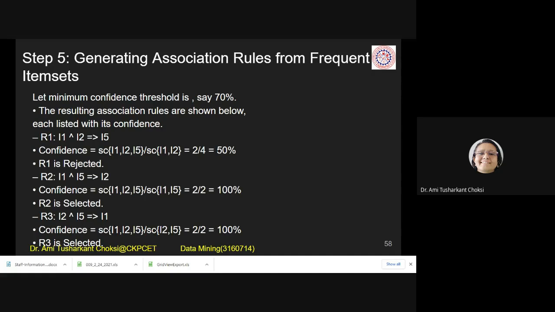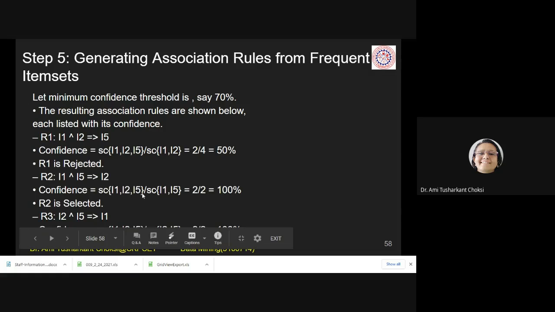The other rule, that is I1 and I5 implies I2. So we need to do the same thing: find the confidence and check whether it is greater than or equal to the minimum confidence or not. Confidence is equal to the support count of I1, I2, I5 divided by the support count of I1 and I5.